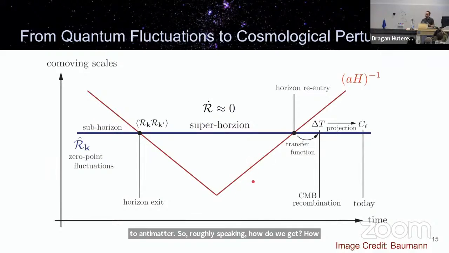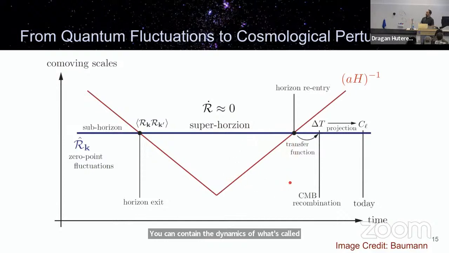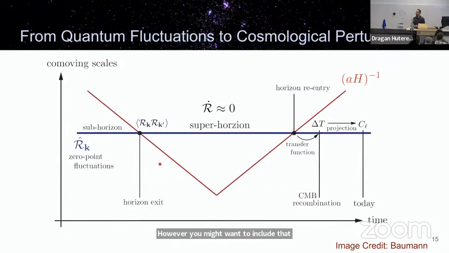So the versions of inflation that I discussed do not bear directly on that question. You can contain the dynamics of what's called baryogenesis, where you get an abundance of matter over antimatter, all to the period after inflation. However, you might want to include that during inflation. You might want to say inflation set that condition, in which case you would probably need something like your inflaton, the field that drove inflation, to carry some baryon number or something like that.